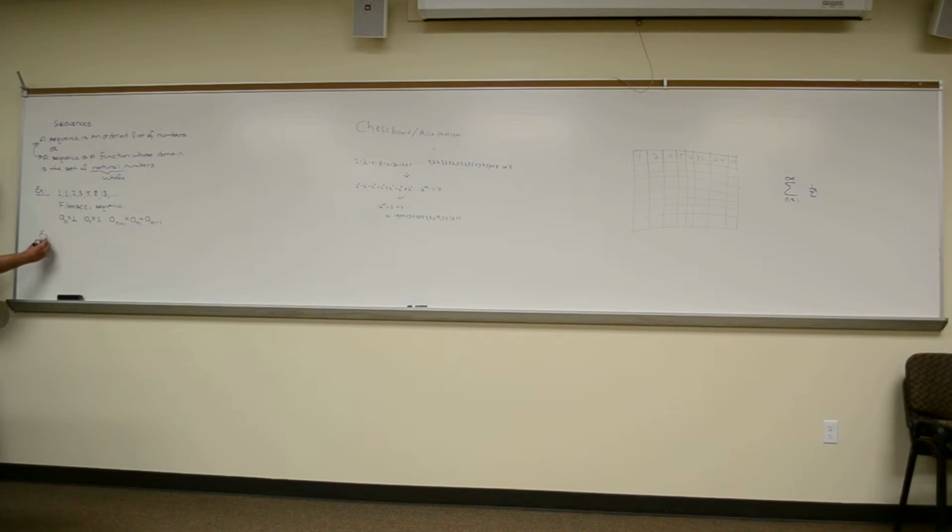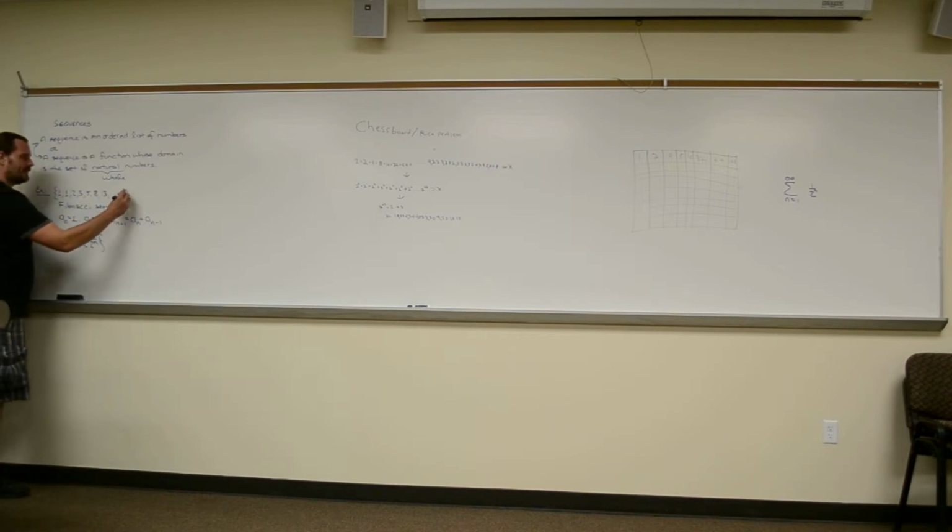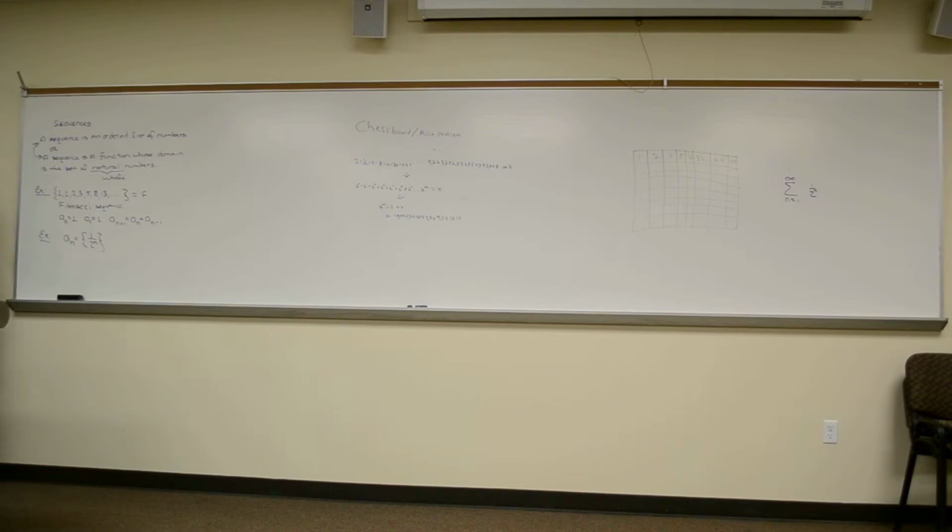You can also represent it like this. Sometimes that's the way a sequence is represented. They use curly brackets, because you usually use curly brackets for a set, so it wouldn't be unreasonable to say that this is the set F of Fibonacci numbers or something like that.